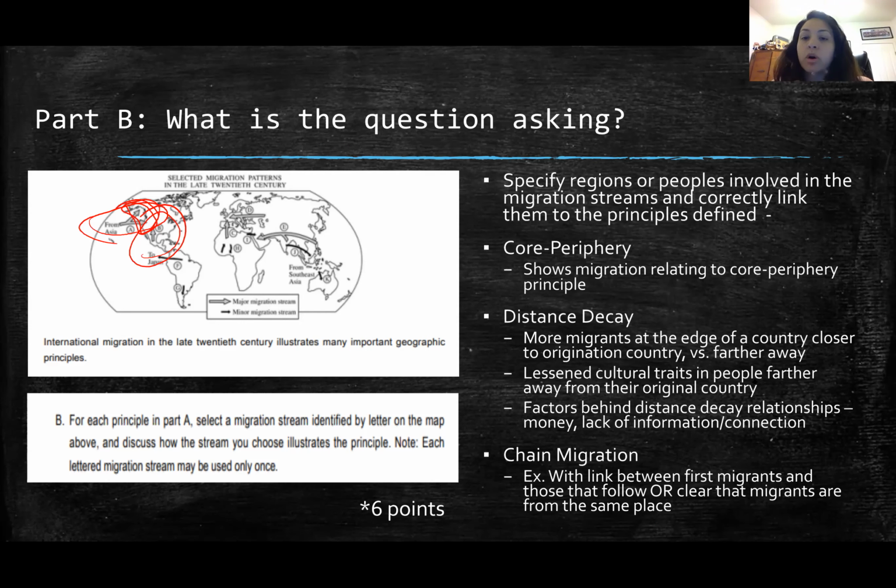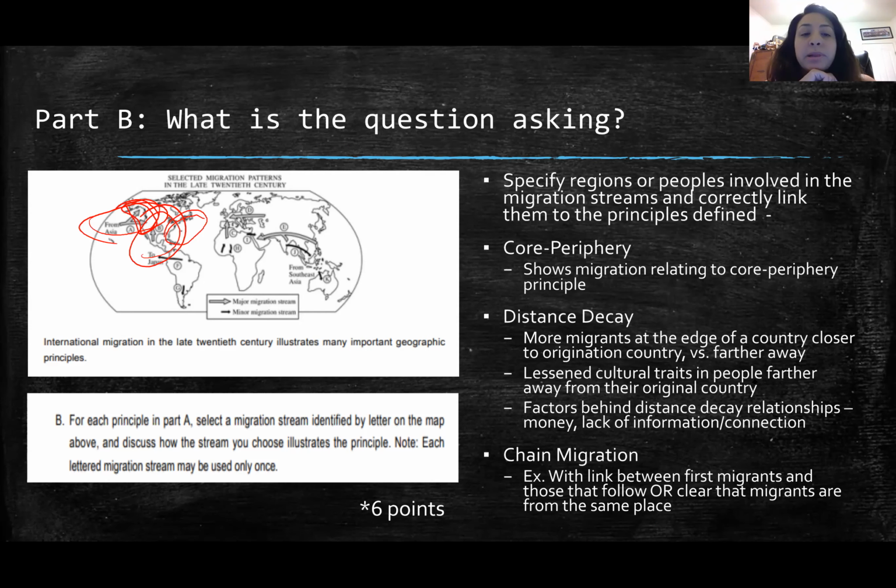So you're going to have more migrants at the edge of a country closer to the original country versus farther away. So right here, you're going to see more people that are more impacted by the Asian culture than you will on this side of the country.